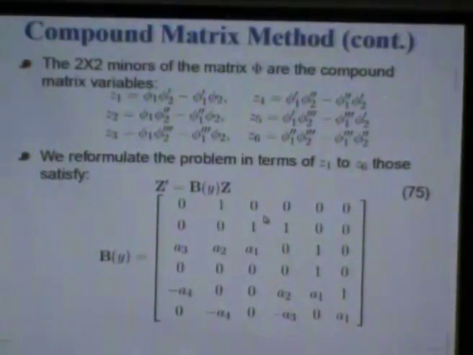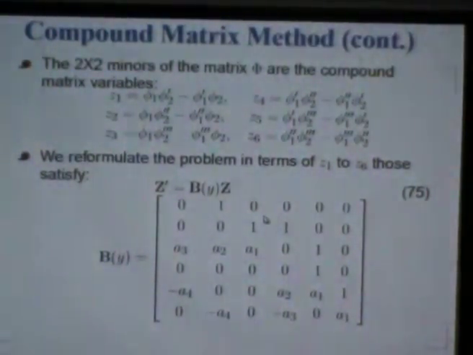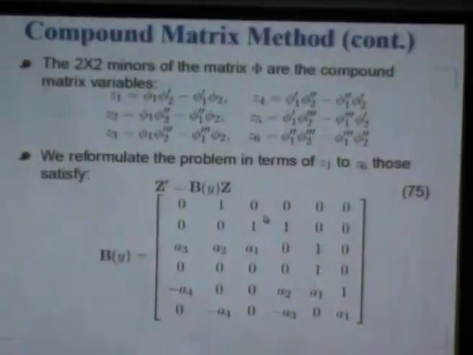Z4 prime will not involve the differential equation. It will just have phi 1 prime and phi 2 triple prime and phi 1 triple prime and phi 2 prime. That would give you nothing but Z5, and Z5 prime will involve the differential equation, and the same way Z6 prime also will have this.